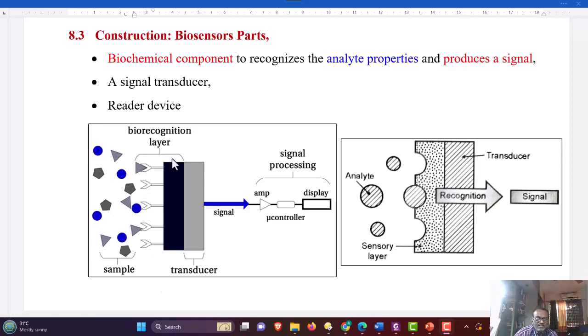The biorecognition element can only receive a particular type of element, and when it receives that element, a chemical reaction takes place, and the output of that reaction is converted by the transducer to an electrical signal. The electrical signal will be amplified, maybe controlled by a microcontroller and displayed on a display, or recorded on a printer.